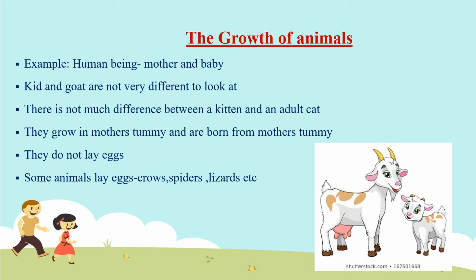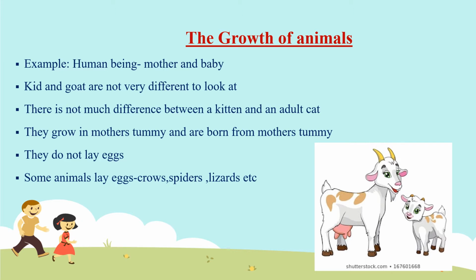Let us take an example of a human being, that is, a mother and a baby. When a baby is born, though it looks different, it has the same features like two legs, two hands, two eyes, a neck, etc. Next, a kid and a goat are not very different to look at.